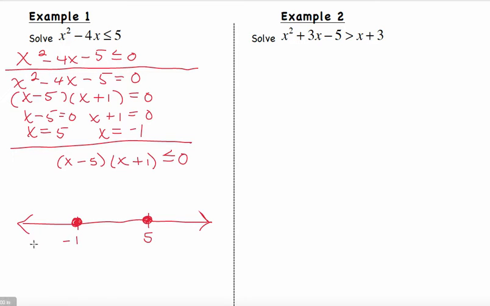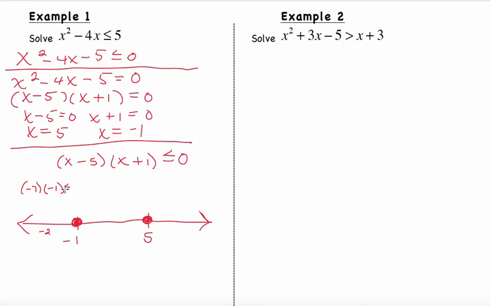Okay, so let's go ahead and test a number over here to the left of -1. I usually just pick the next number over, but you don't have to. You can pick whatever you find easier. So I'm going to substitute -2 into each factor. -2 minus 5 is -7, and -2 plus 1 is -1.